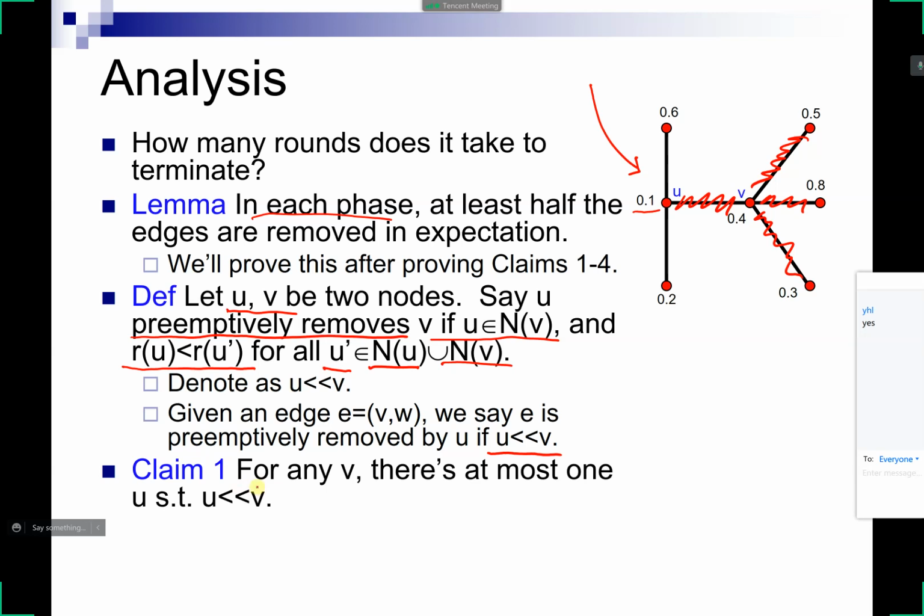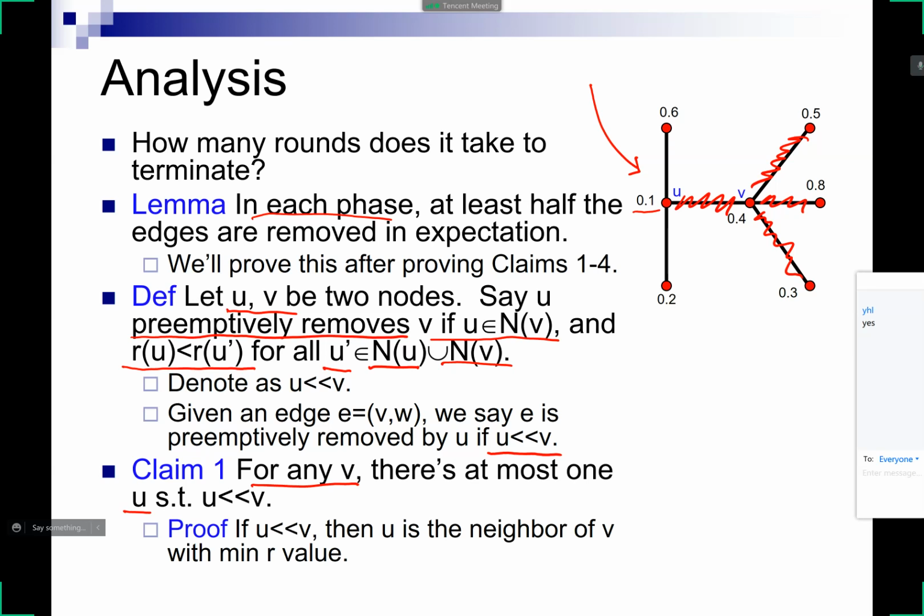The first claim is that for any v, there's at most one u which can preemptively remove v. There could be zero u's that preemptively remove v, but at most there's one u that does this. The reason is simply that if u actually preemptively removes v, then u is a neighbor of v which has the minimum value, because that's the definition of preemptively removes.